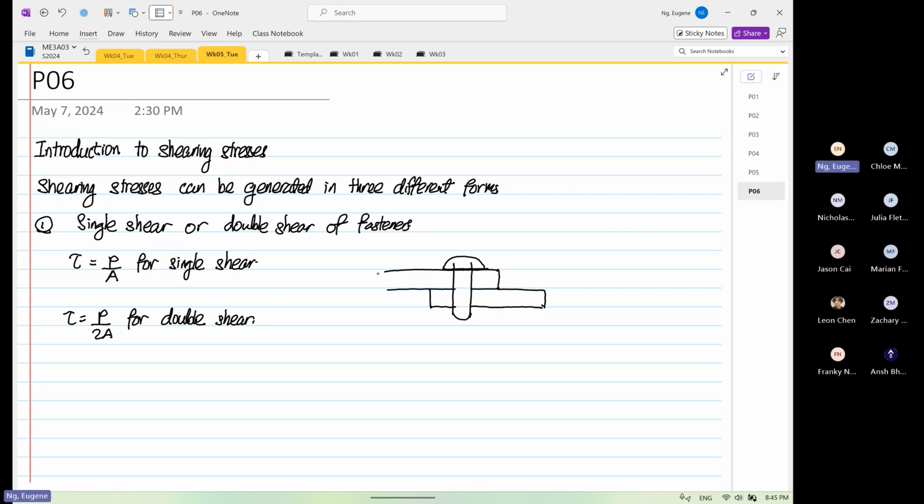This is one plate or member, so this is member number 1, and over here this is our member number 2, and over here this is our fastener.